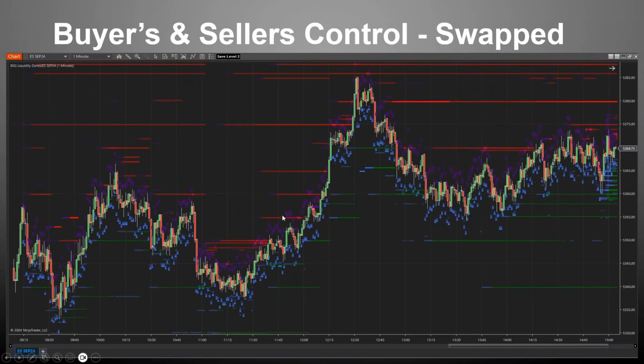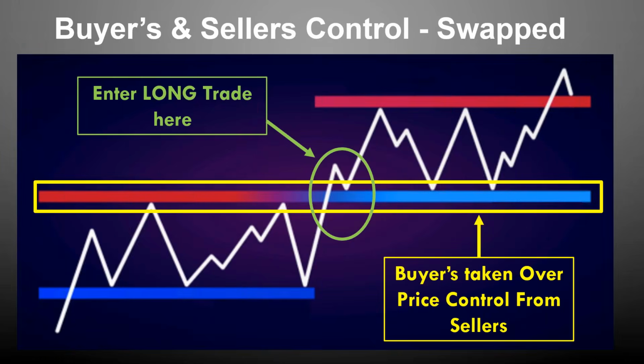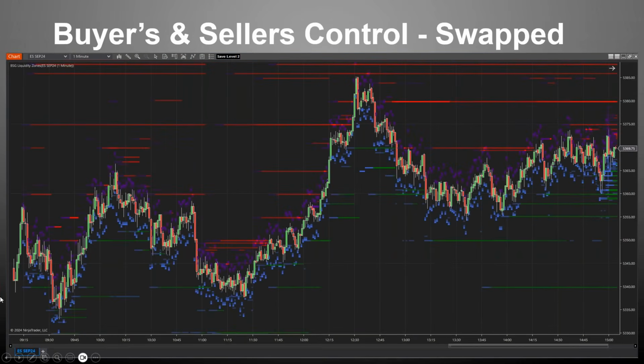Let's make it very clear: we'll take the trade only at the exact price. Let's look at this exact price line. Seller had control, right? At the exact same price, buyers came in. With that mindset, look at this chart. When the market opens, sellers' control is here, buyers' control is here.